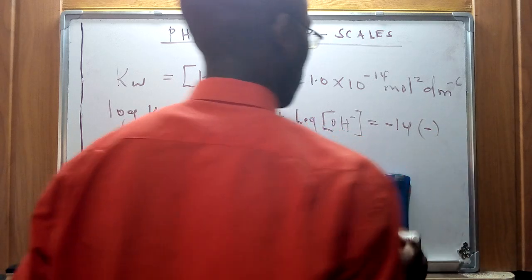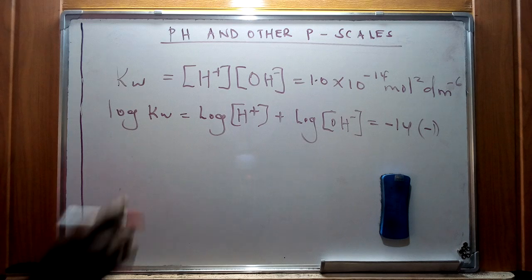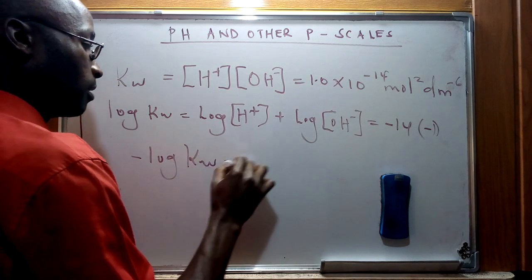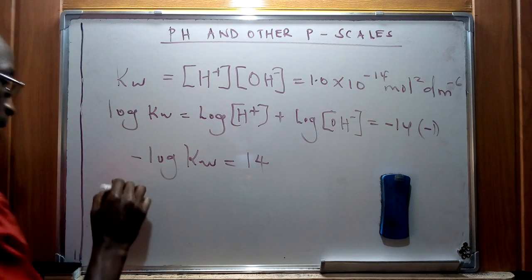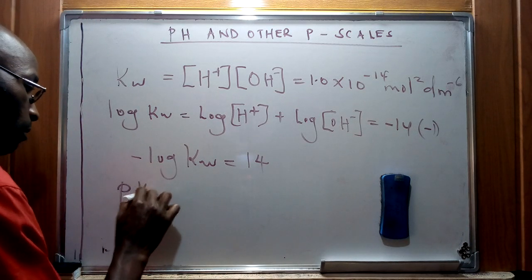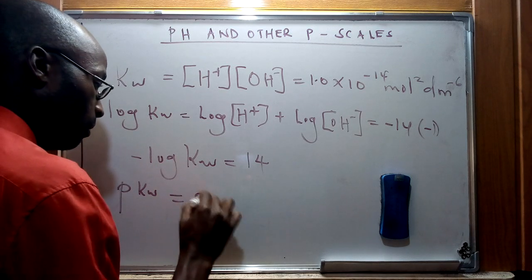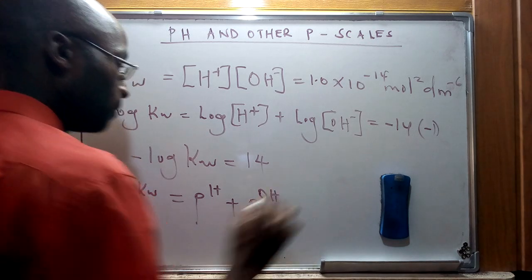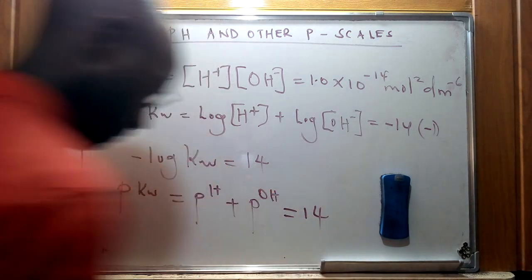Now if we consider the negative value for that specific logarithm, the negative log of Kw is going to give us a value of 14. Therefore we can have a conclusion and say that the pKw is going to be given as the pH plus the pOH, which is going to give us 14.